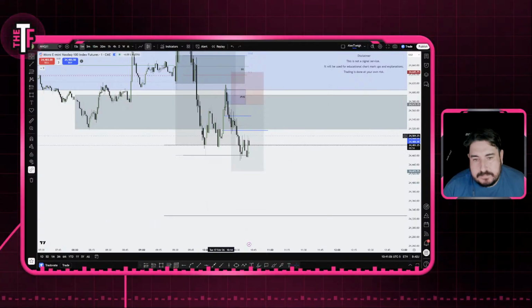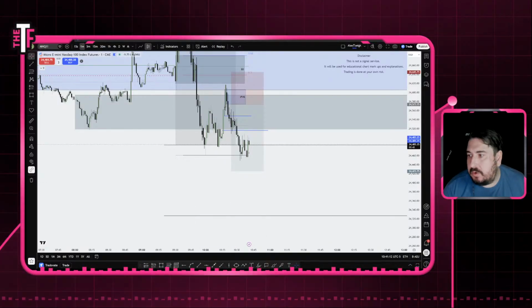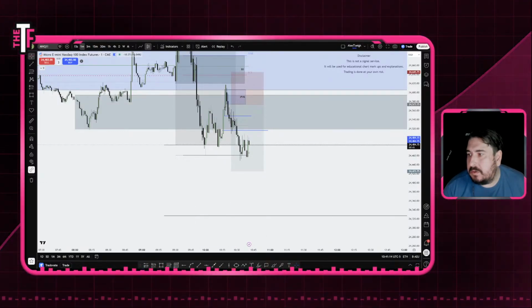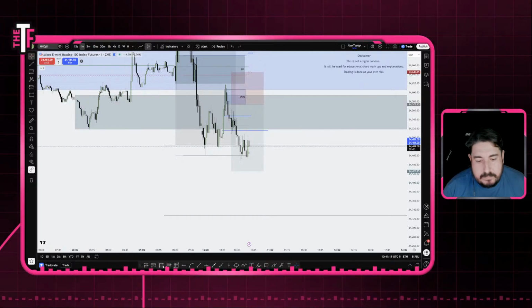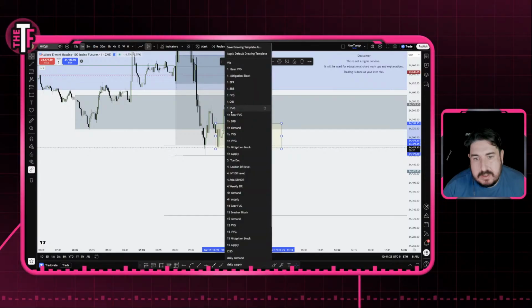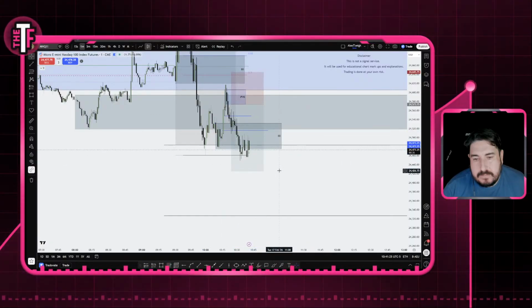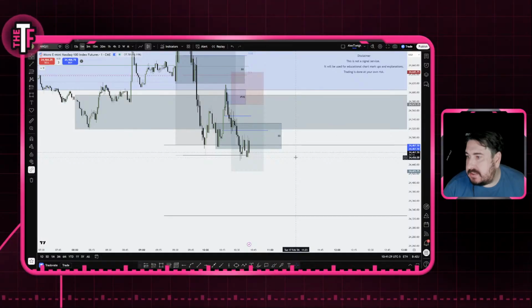Okay. This is a really nice bullish order block. This is also a breaker. What is going on? This is a really nice area, a breaker, very nice. I don't trust it, for a reason.